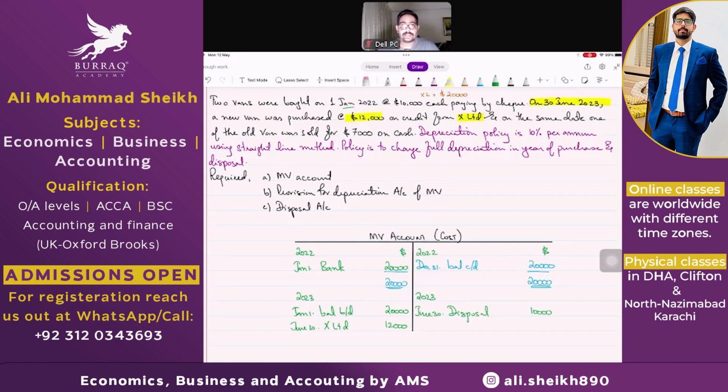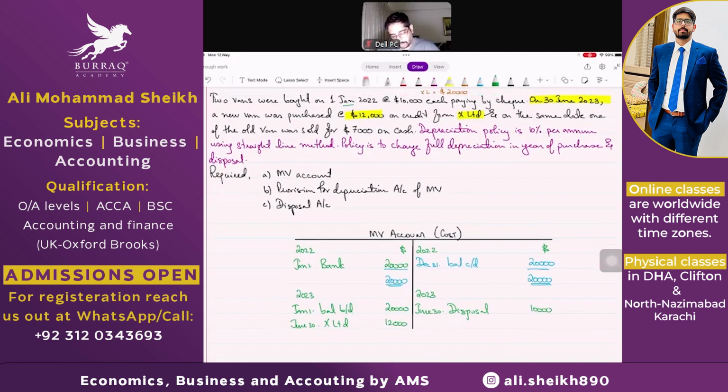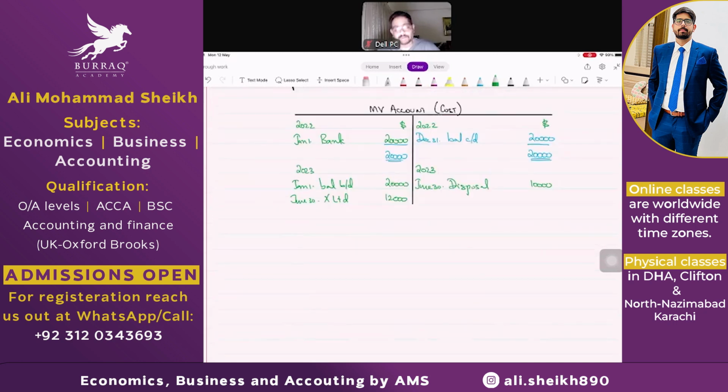So you need to understand it very clearly that the cost account only records the cost values, whether you are selling it after 3 years, 2 years, or even in the same year. So the cost account is completed now. In 2023, you have bought a new van and you have disposed of one on June 30th. I have recorded it. You need to close the account. The debit side is $32,000. Credit side should be $32,000 as well. The difference is $22,000.